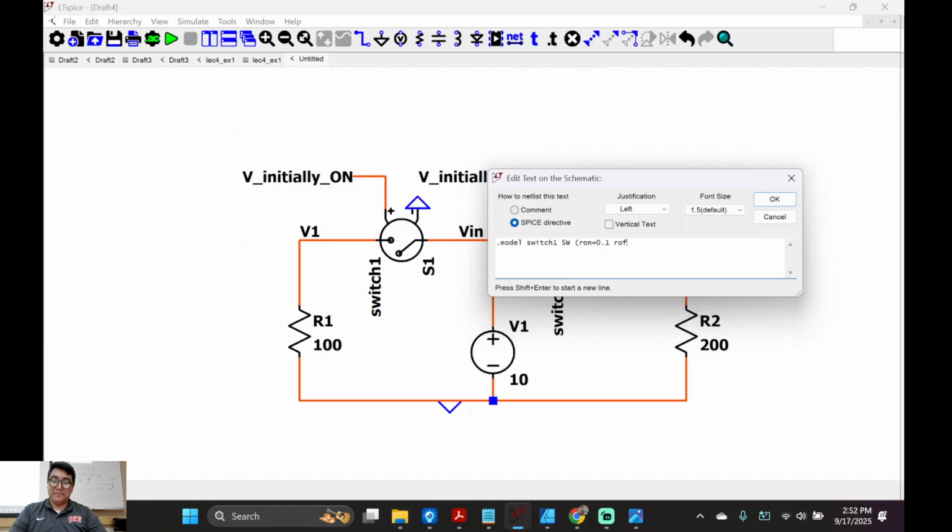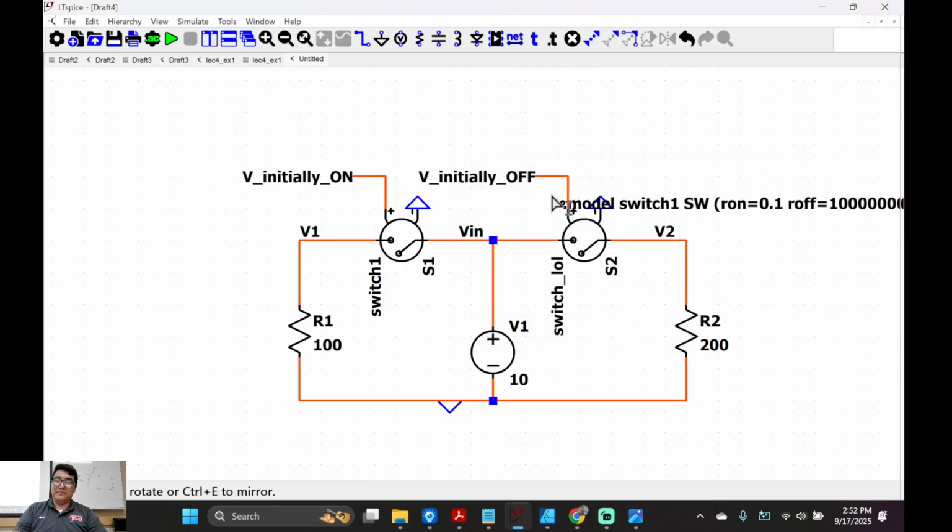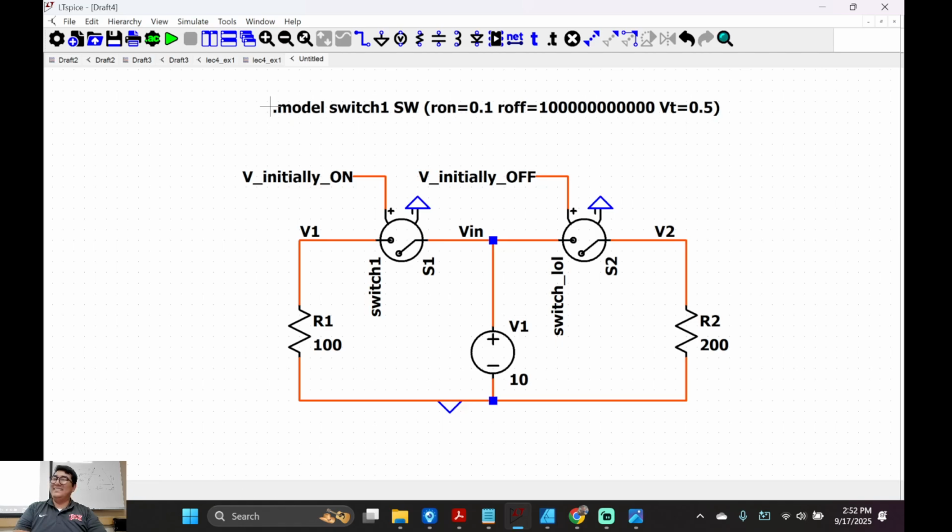R off is equal to 1 meg, or let's just do 1,000, or let's just do that. Is anyone bothered by that? V threshold is going to be 0.5 volts so that we can have like that switching from 0 to 1. Like that. I'm going to copy paste.